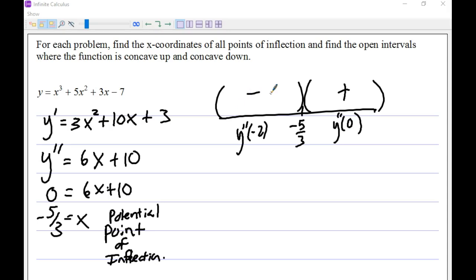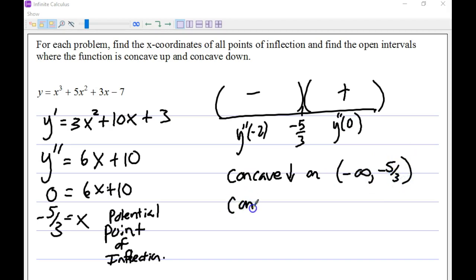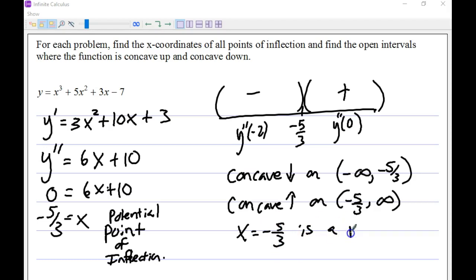Yes, because the concavity goes from concave down to concave up. So concave down on the interval -infinity to -5/3, concave up on the interval -5/3 to infinity, and therefore x equals -5/3 is a point of inflection.